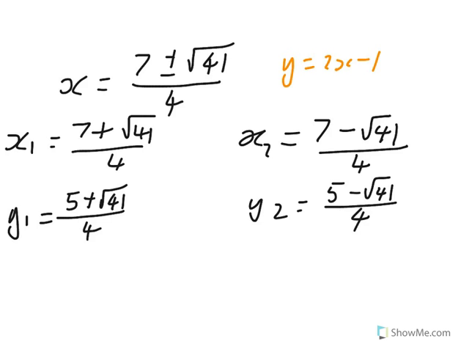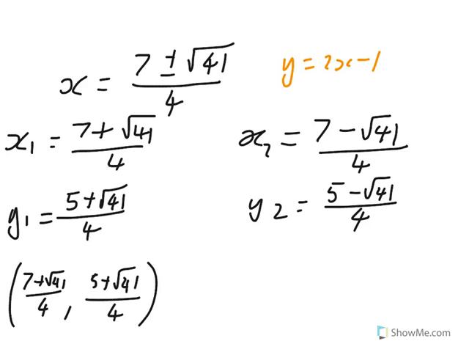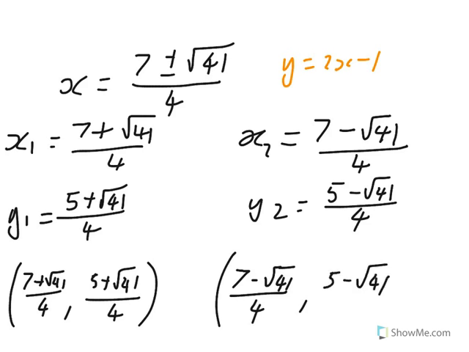Again we have 2 points. Here's the first of those points, and then the other point is where we have the negatives in there. So those two intersect in 2 points.